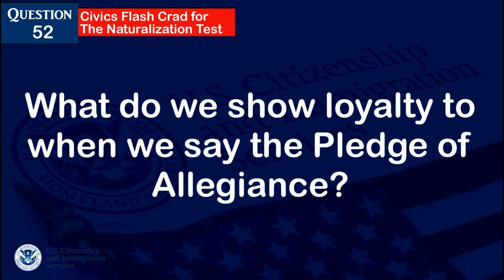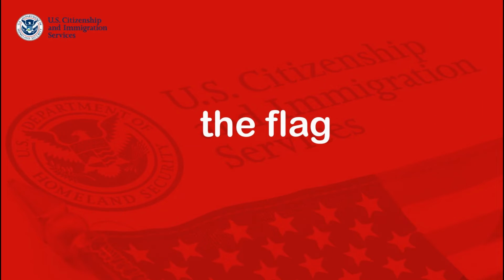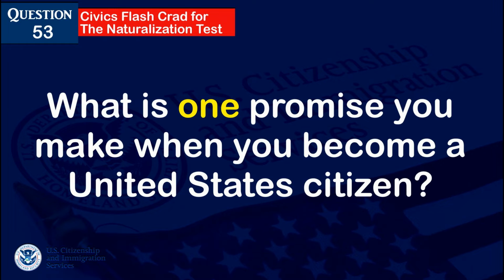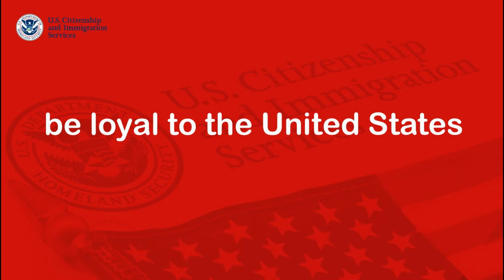What do we show loyalty to when we say the Pledge of Allegiance? The flag. What is one promise you make when you become a United States citizen? Be loyal to the United States.